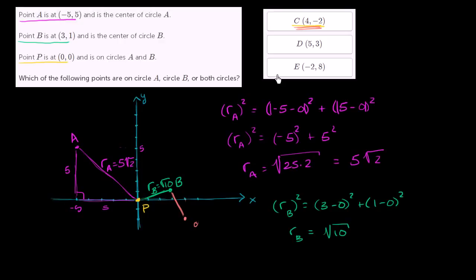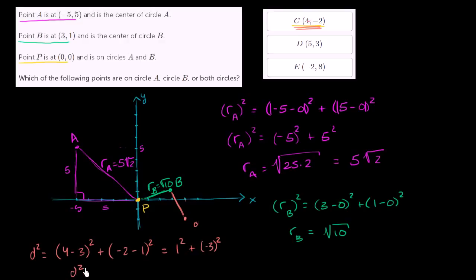The distance between point C and point B, so the distance squared, is going to be equal to the change in x's. So it's 4 minus 3 squared, plus negative 2 minus 1 squared, which is equal to 1 squared plus negative 3 squared.